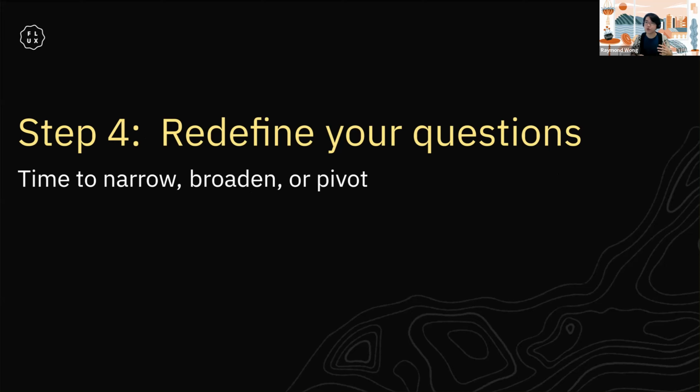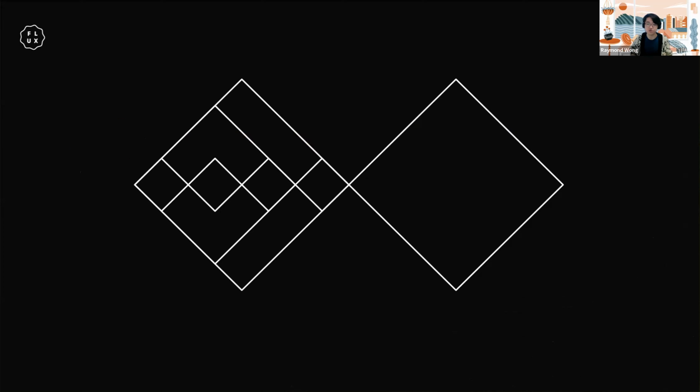So how do you go about narrowing, broadening, or pivoting? Define your question again. Try to think about what you want to do now. What are your questions that will help you understand the problem better? What are the questions that will help you in designing? In this case, you can really start thinking about what you can do to improve it.